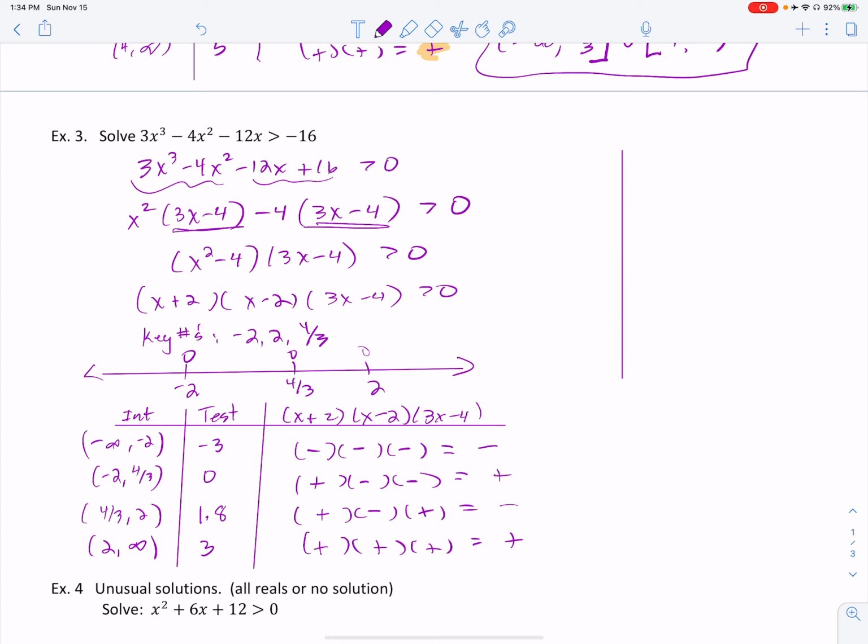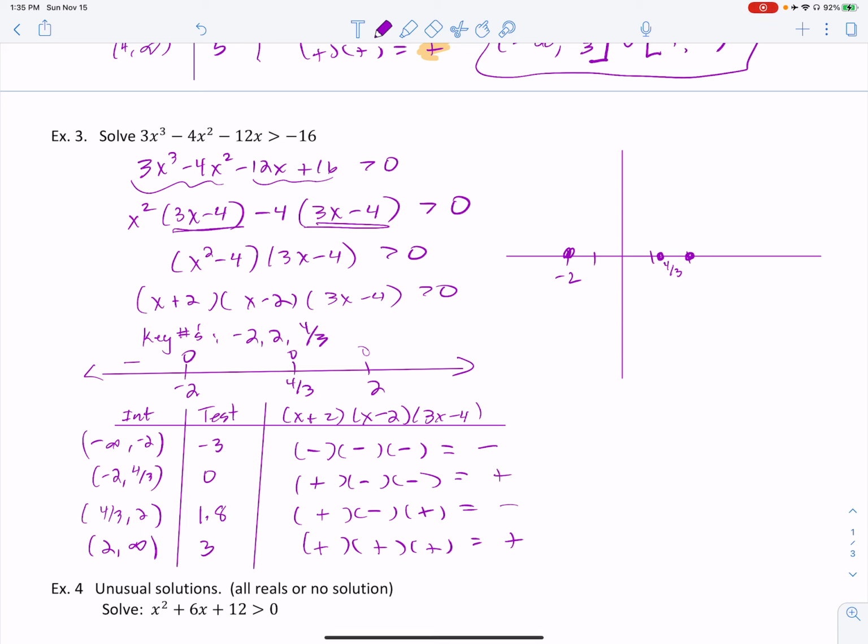And so what that graphically means is at -2, I have a 0. At 1 1/3, I have a 0. And at 2, I have a 0.